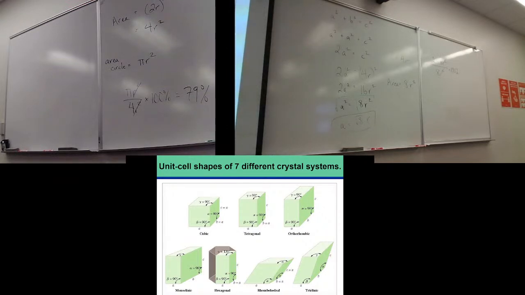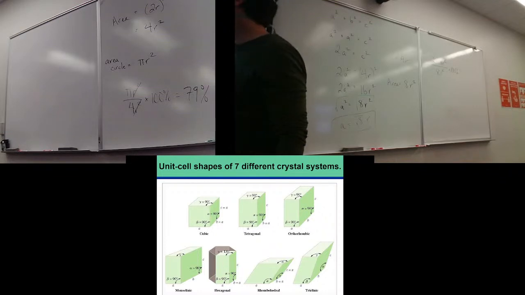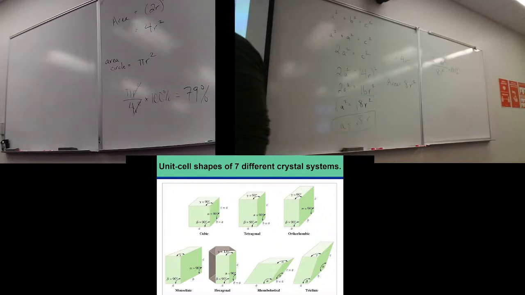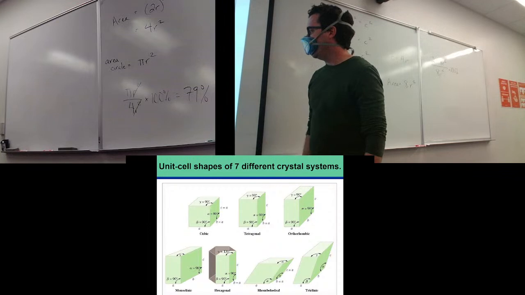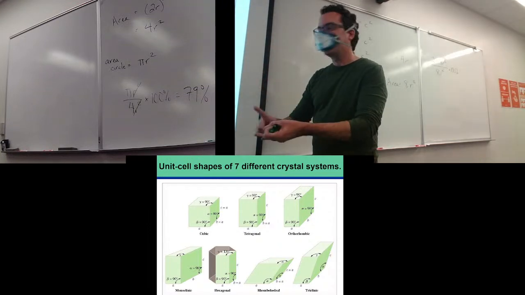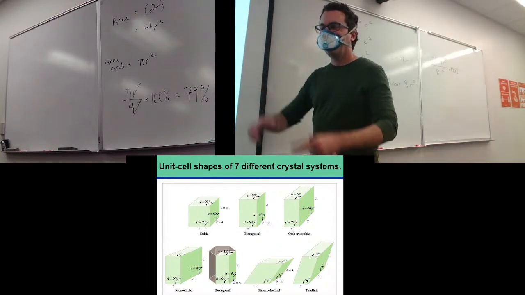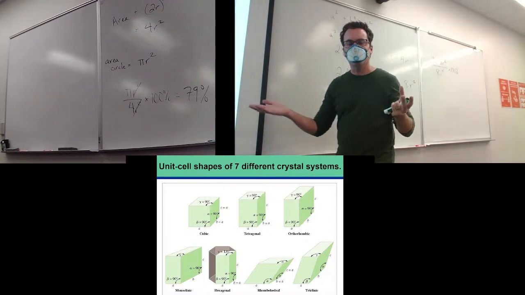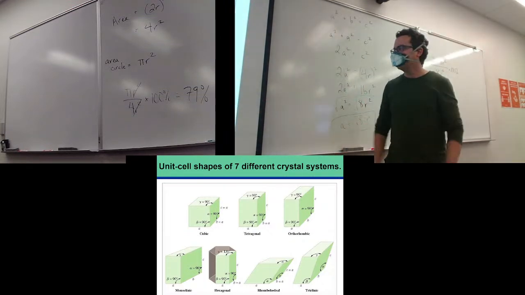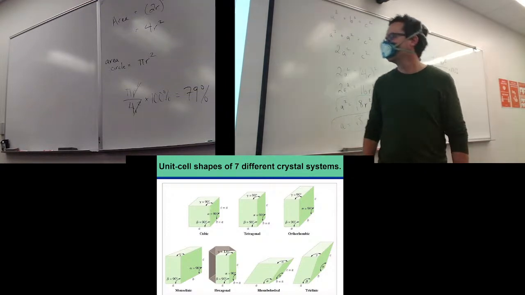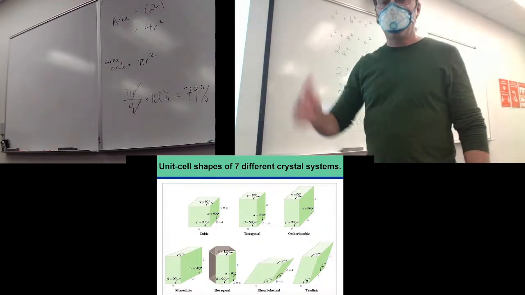A, B, and C are all different, two 90-degree angles, the third one's not. It's angled now. You can have this weird hexagonal one. You can have triclinic. Everything's different. Three different angles, three different lengths. I forgot what you call the 3D parallelogram, but it's all funky. Parallelepiped. Is that what it's called? Okay. Well, we call it triclinic crystals.